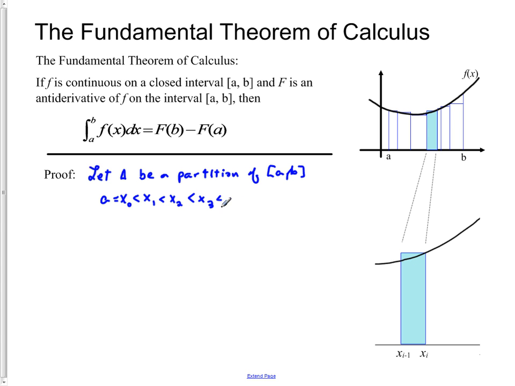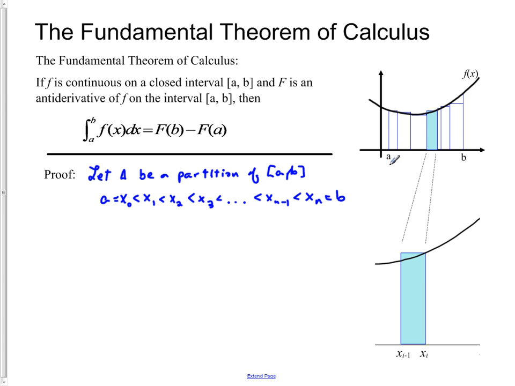All the way down to x of n. So we've got x of n minus 1, all the way down to x of n. We're saying that x of n, that's b right over here.